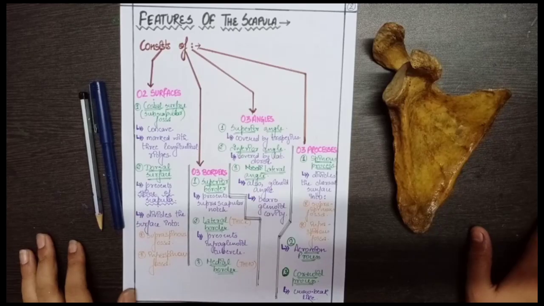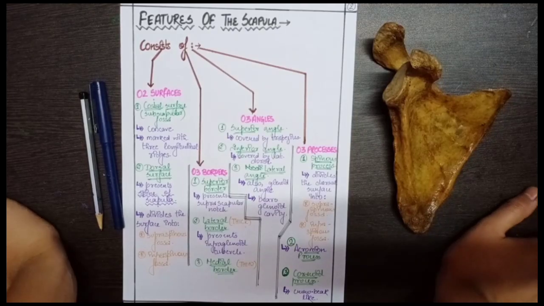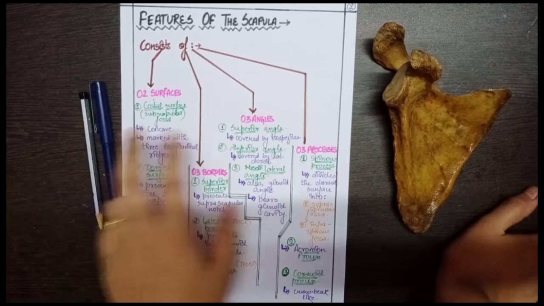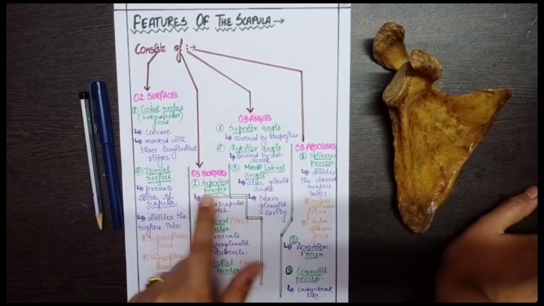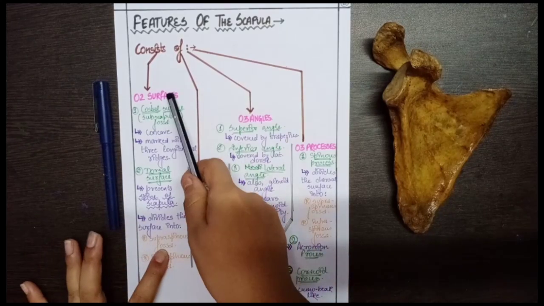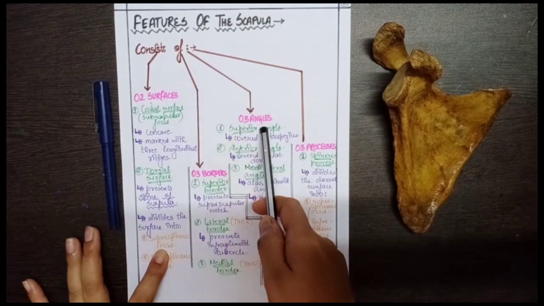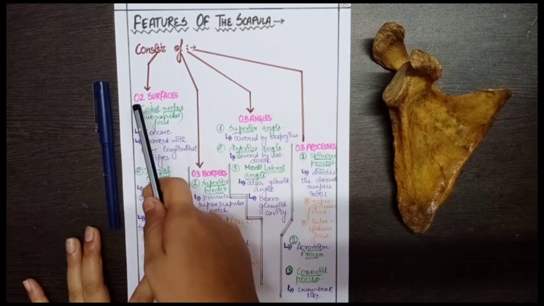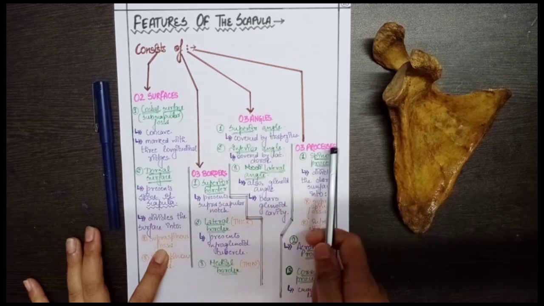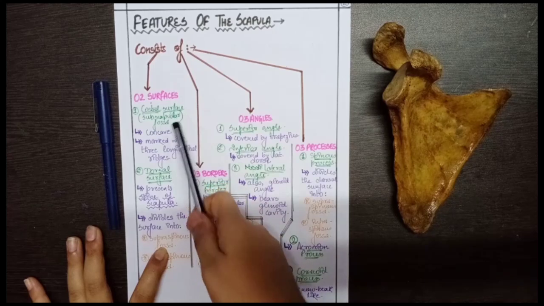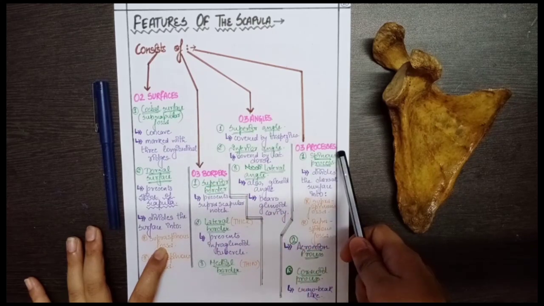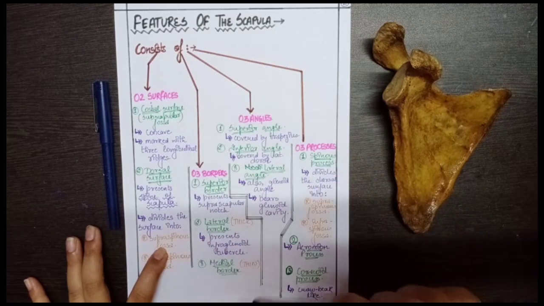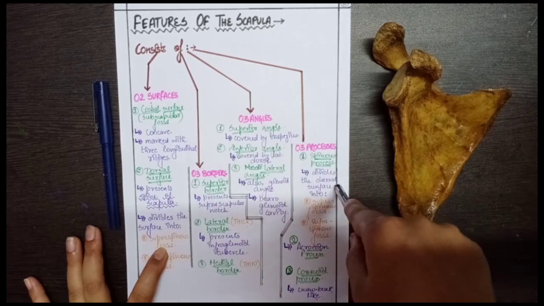Scapula is a bone present in the posterior aspect of our body. When we go for the features, it mainly consists of 4: surfaces, borders, angles and processes. You remember it as SBAP. It has 4 things in total, and here you have most of the muscle attachments.